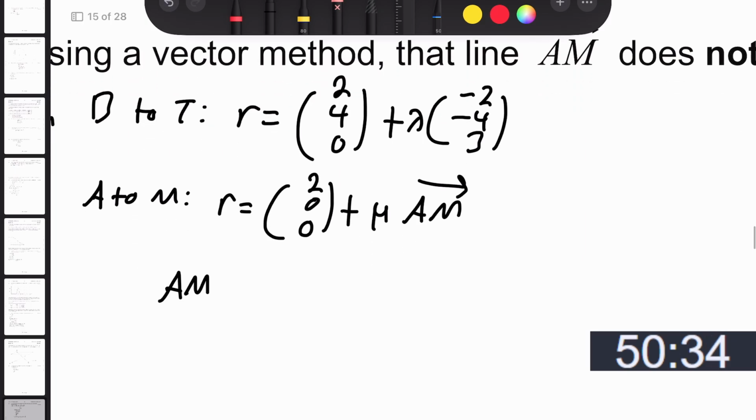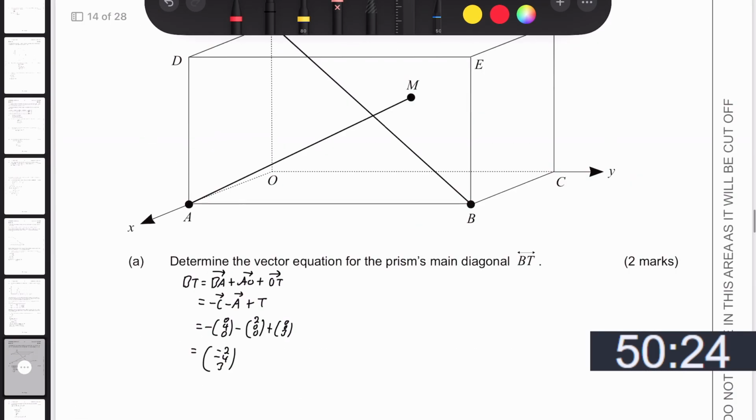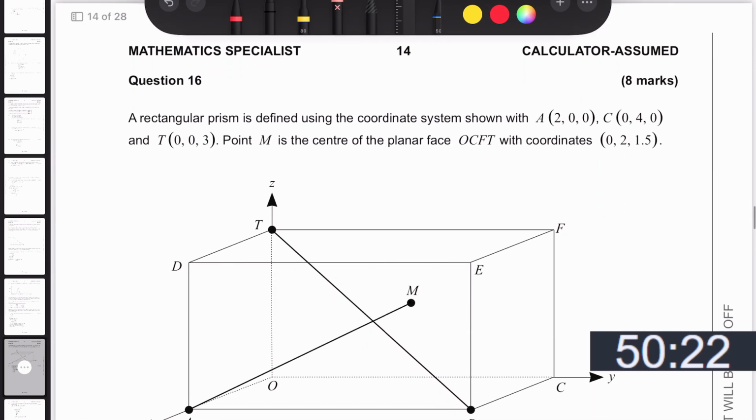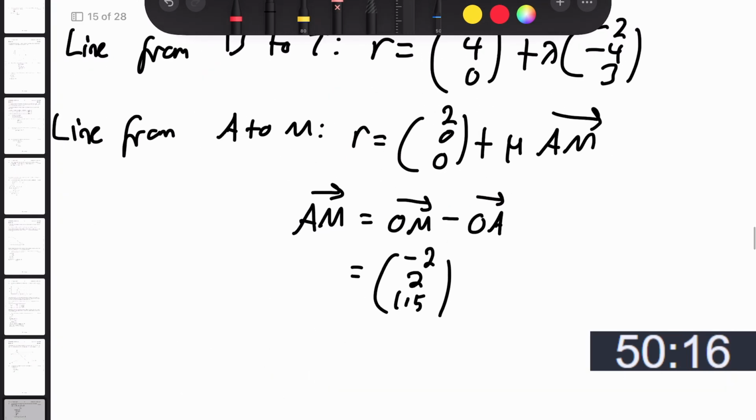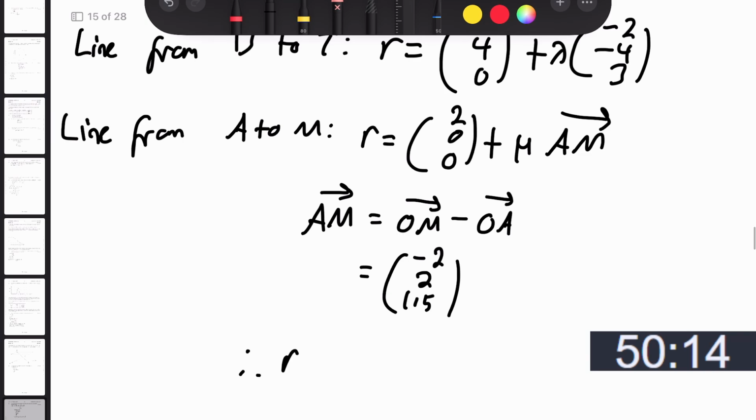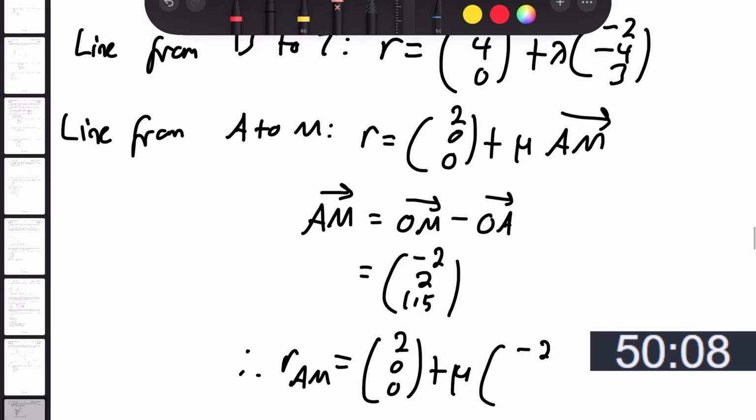Now A to M is going to equal OM minus A, which is going to be -2, 1.5. Therefore, RAM is equal to 200 plus mu of -2, 1.5.